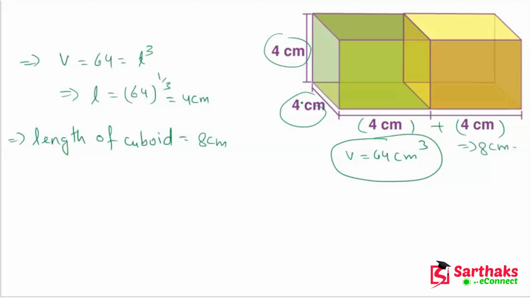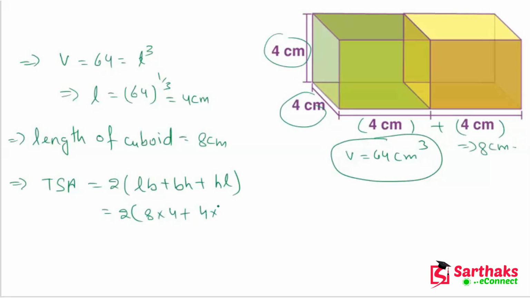Now we can easily find the TSA, the total surface area. It is 2 into (LB plus BH plus HL). So we get 2 into (8 into 4 plus 4 into 4 plus 4 into 8).